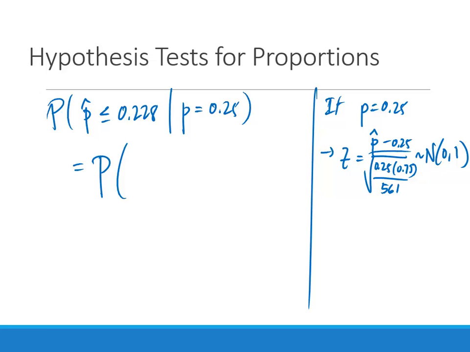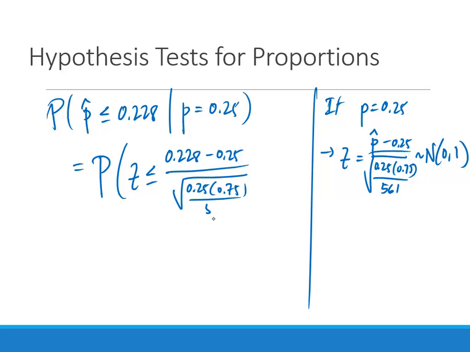So this probability that I want is the probability that z is less than or equal to 0.228 minus 0.25 over the square root of 0.25 times 0.75 over 541.